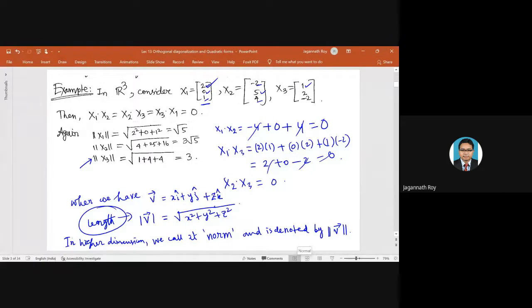So this is a generalized notation, and we will use this notation here in order to find out the length of the vectors, because we want to make them unit.